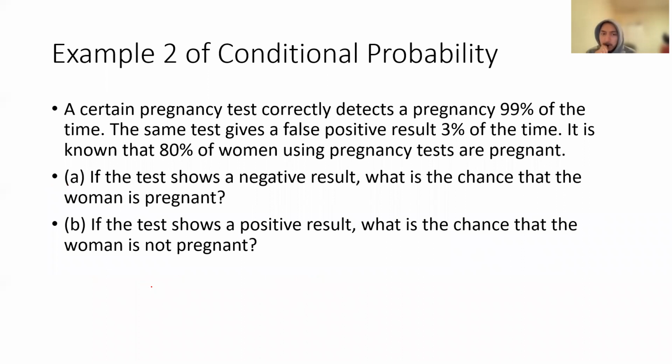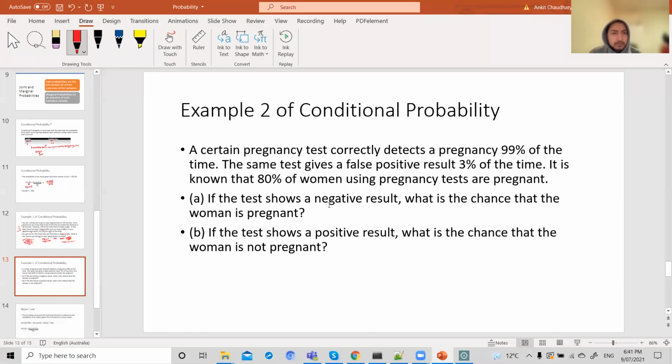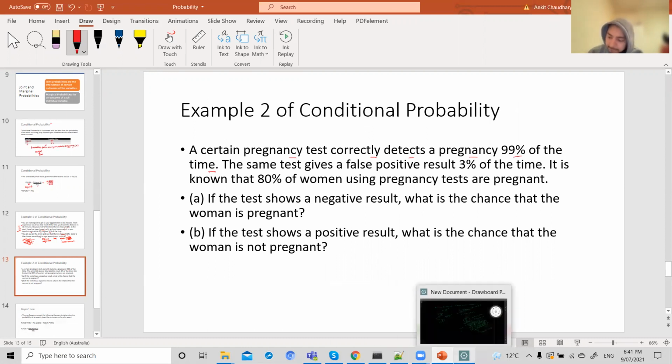Likewise, we have one more question. This is a bit complex question. A certain pregnancy test correctly detects a pregnancy 99% of the time. Let's read this question first.